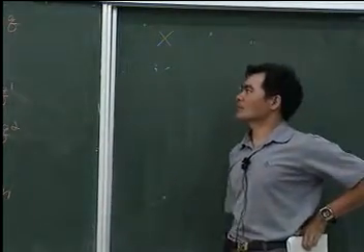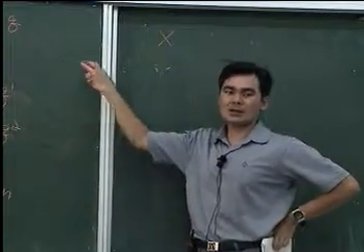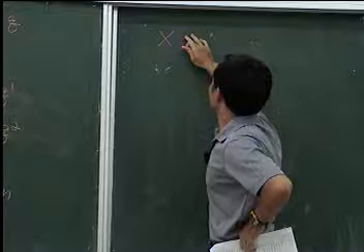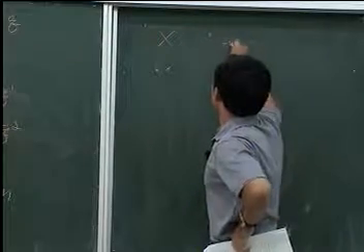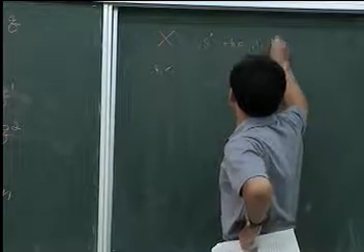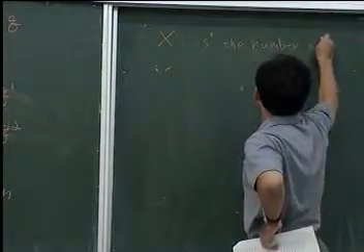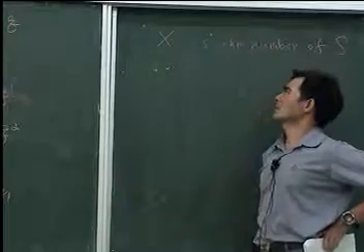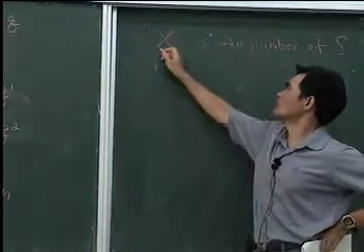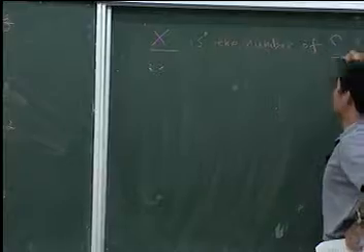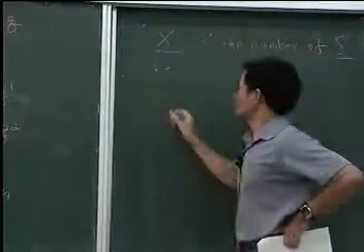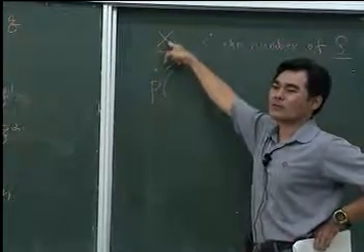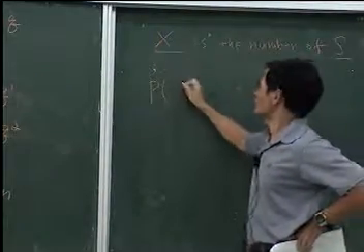If it is a success, then we get 1. 2 successes, we get 2. So x denotes the number of successes. Of course, you can define some other variables, but here we are interested in the number of successes. And if we want to know the probability of this number of successes, what is it?